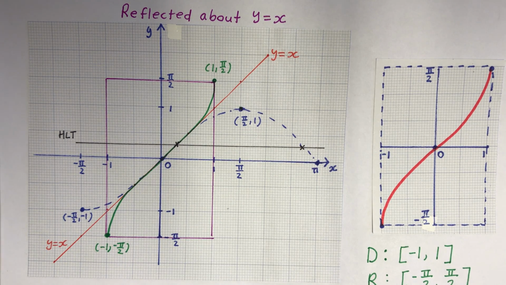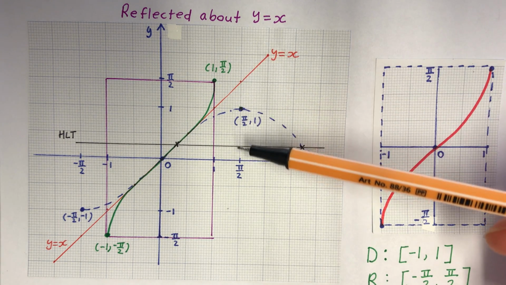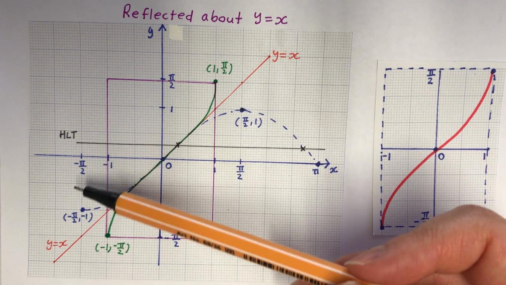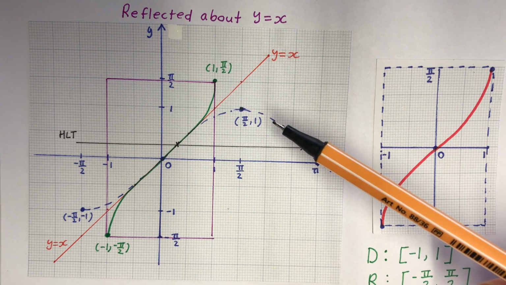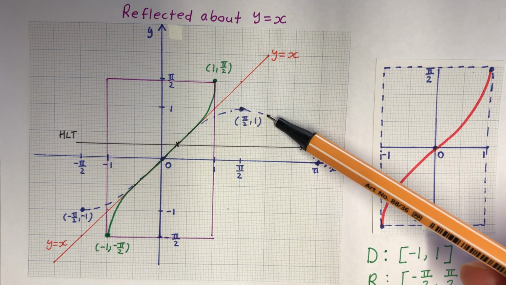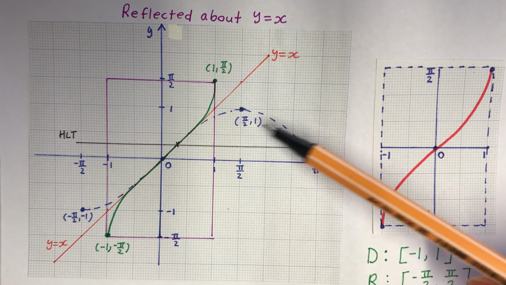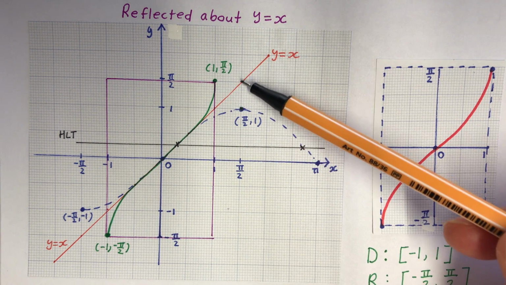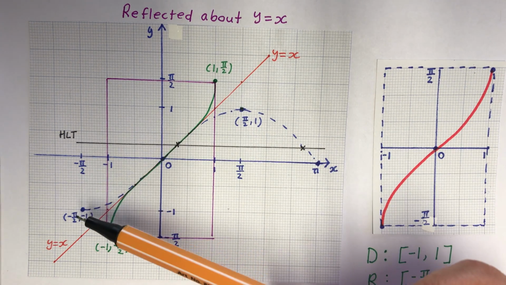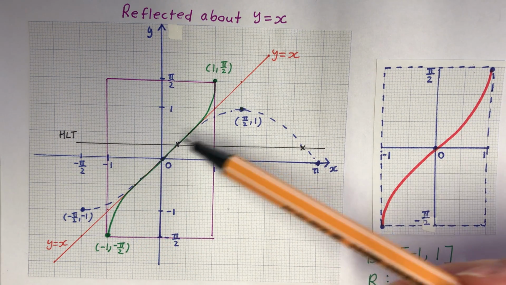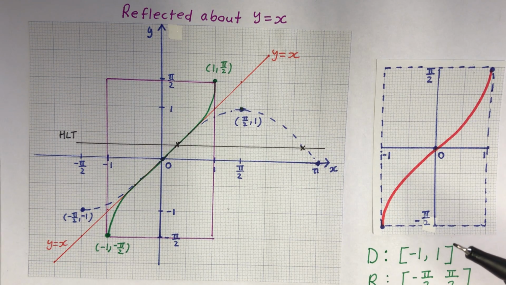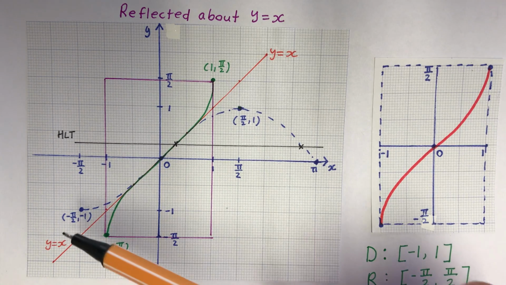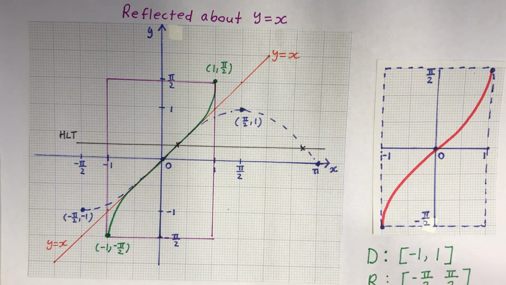To have that, we're going to cut it at pi over 2 and minus pi over 2, because if I go up to here and draw the horizontal line test, it'll fail. But if I cut it here and here, any line I draw for the horizontal line test will be fine. So we are going to use just between minus pi over 2 and pi over 2.